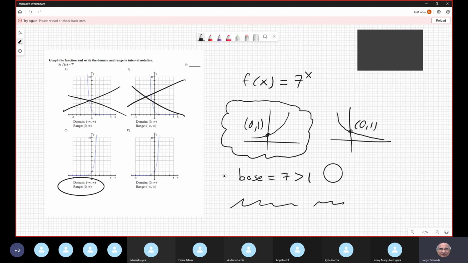Any question, matching, exponential, and graphic. The clue is the base is 7. 7 is a number bigger than 1. We are in front of exponential growth. Exponential function gets increasing, not decreasing. Of course, we are talking about increasing or decreasing from left to right, no?